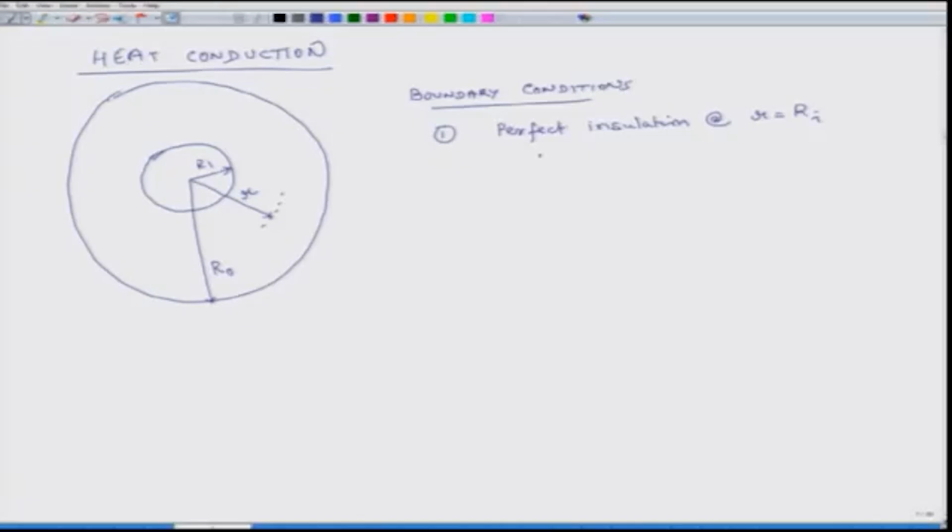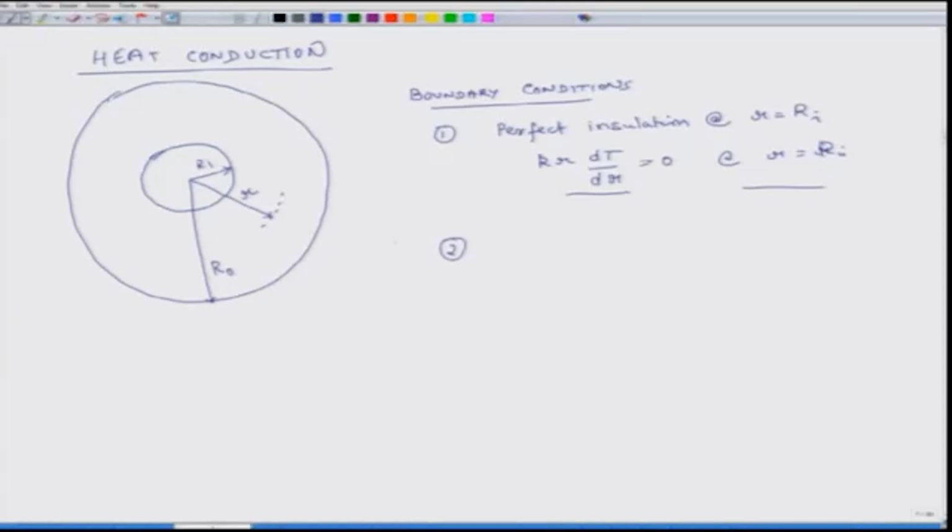Mathematically I can express that condition as k times r dT/dr is equal to 0 at r equal to r_i. Okay. So how does that come? For this you have to refer to some heat conduction equations. The focus in this class will not be explaining how these conditions come, but if we know the condition, then how do we solve the differential equation?